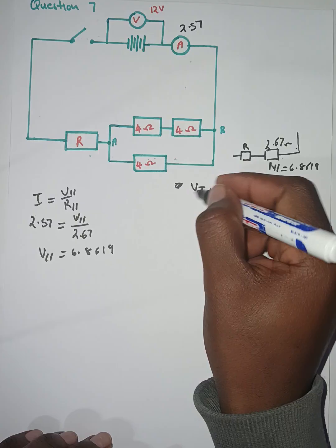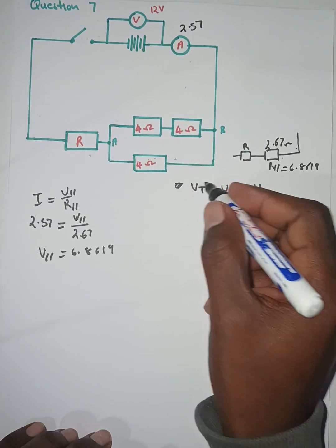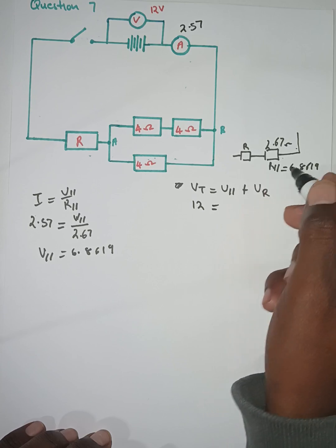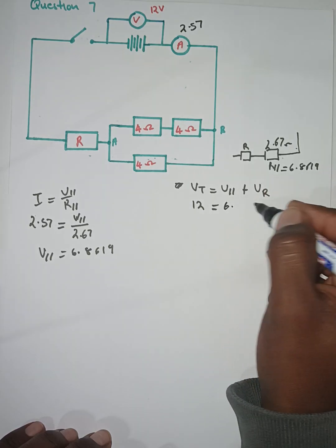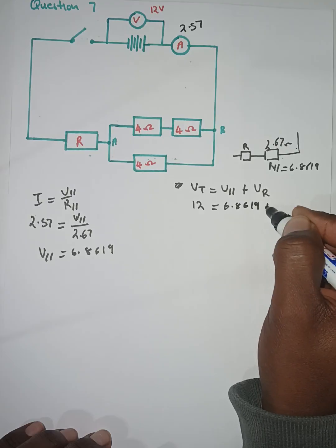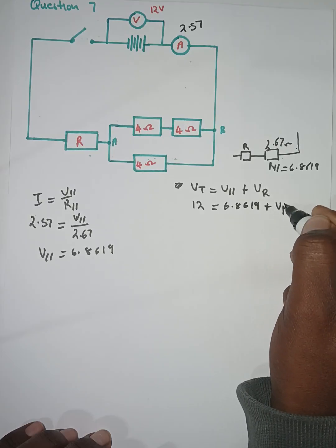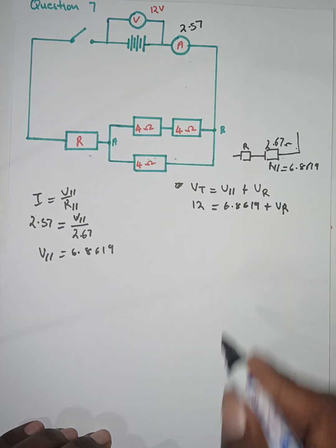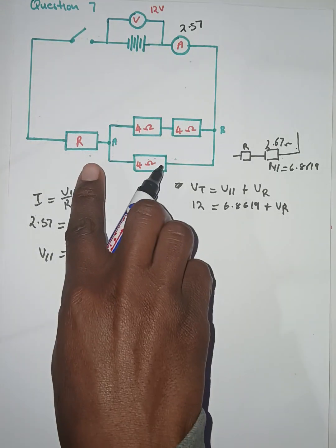So we know our V total to be 12, and I found V parallel to be 6.8619, plus my V R. As you can note, I have one unknown there, the voltage used across that unknown resistor.